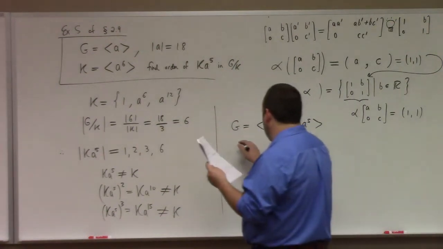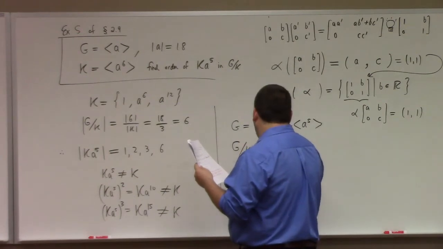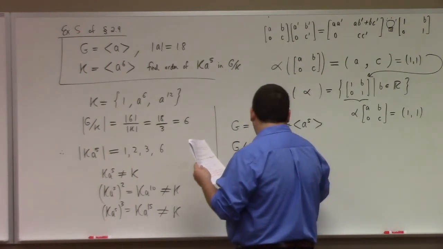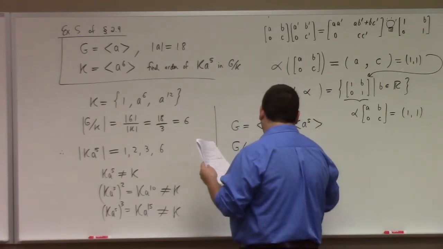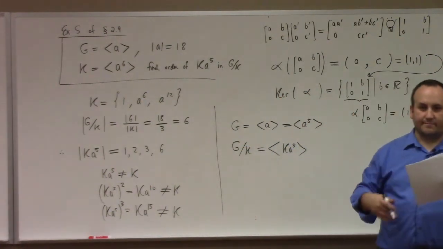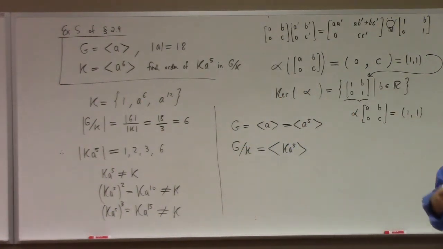Which means that G mod K is generated by KA to the 5th. If we have a generator for the group, we also get a generator for the quotient group by using the representative of the generator theorem, which is pretty slick. Then that immediately gives you that the order is 6 because it's a generator for a group of order 6.